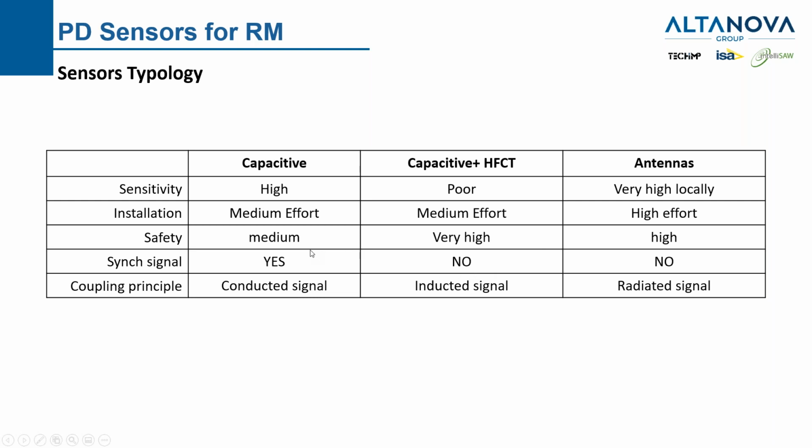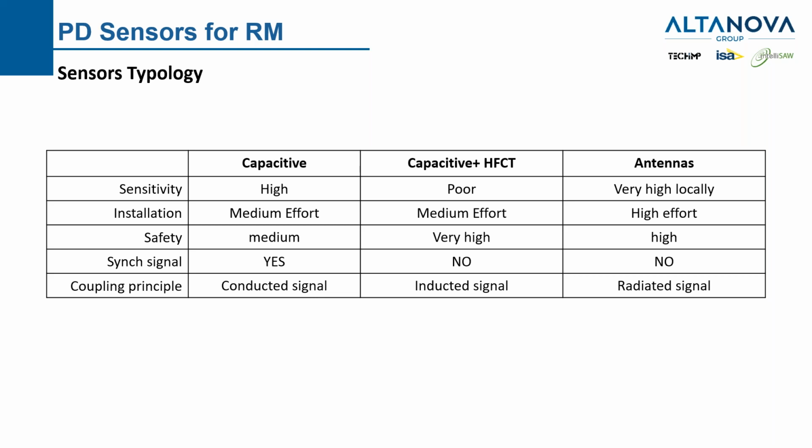One very important topic from my point of view as a testing engineer is the synchronization signal presence. As I told you in the first slide, we build the PD data in PRPD pattern, phase resolved PD pattern. In order to have the phase resolution, we need to have a synchronization signal that is a voltage signal directly correlated to the applied voltage to the insulation.